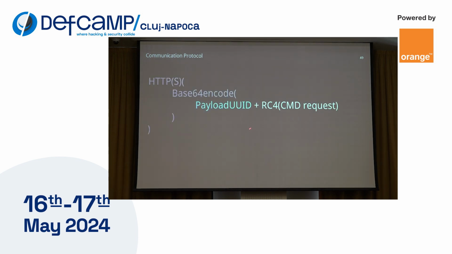But there is a small detail which is really important. When you communicate with the Mythic server, you need to get a payload UUID which is unique for every agent. After that, you need to concatenate it with your CMD request. So first you have your JSON with the request, then you may encrypt it if you want.